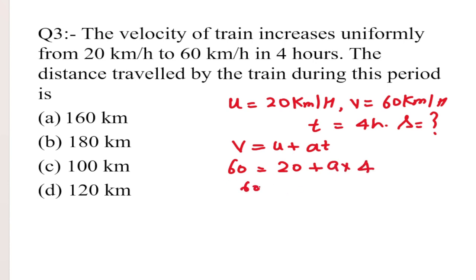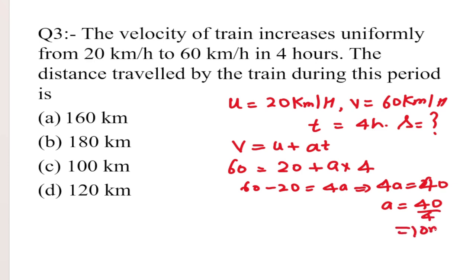अब 60 minus 20 equal to 4A. This implies 4A equal to 40 and A equal to 40 upon 4, that is equal to 10 meter per second square.